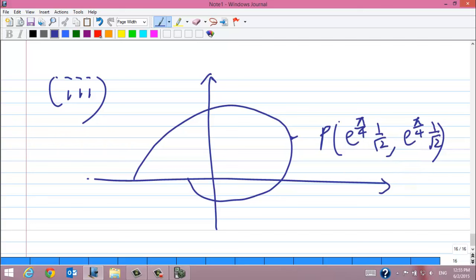So this is O, this is P, and you can find that this line is y equal to x, because your x and y coordinates are the same.